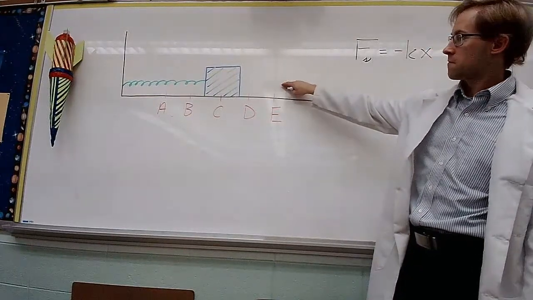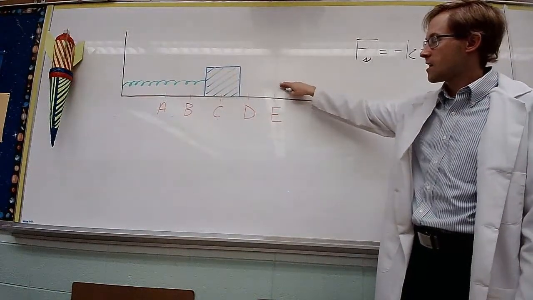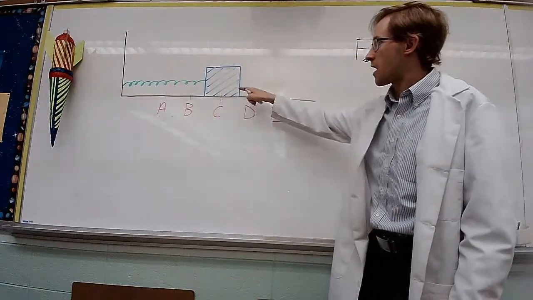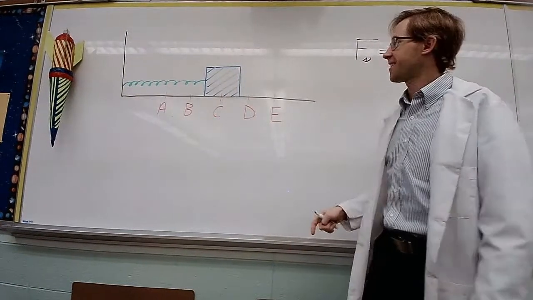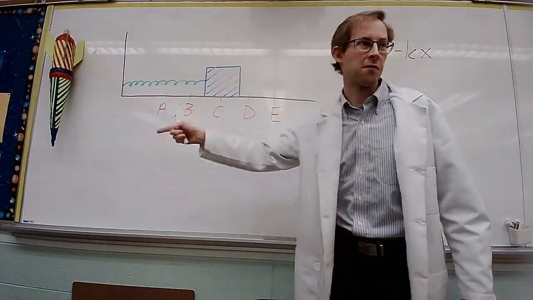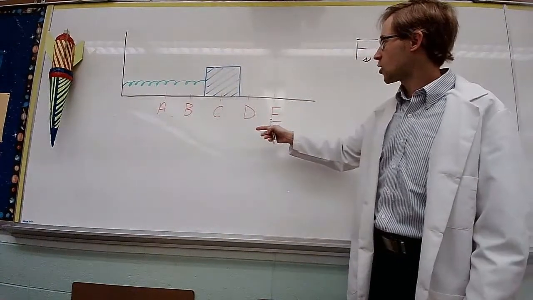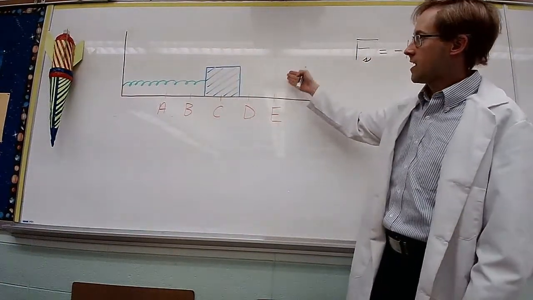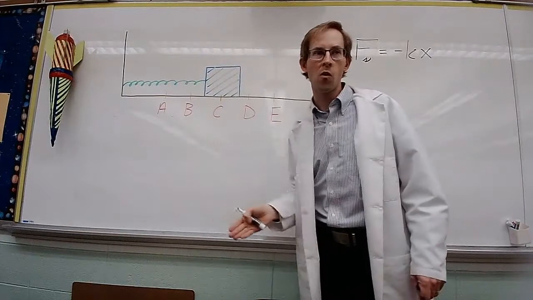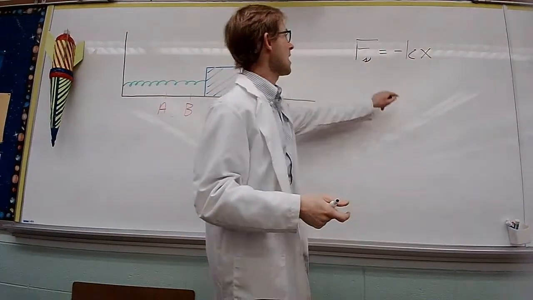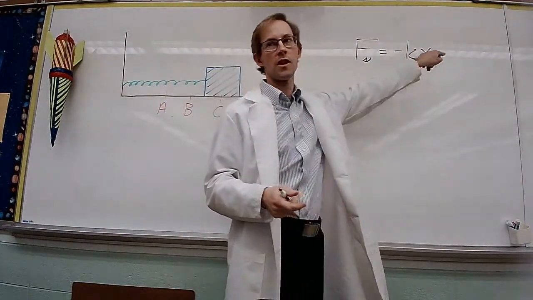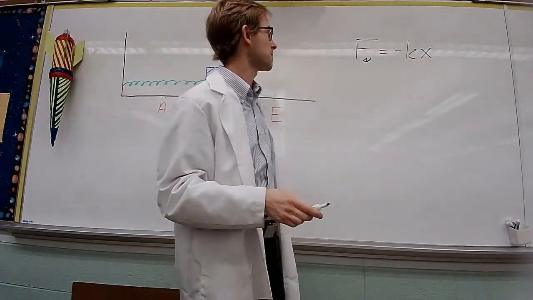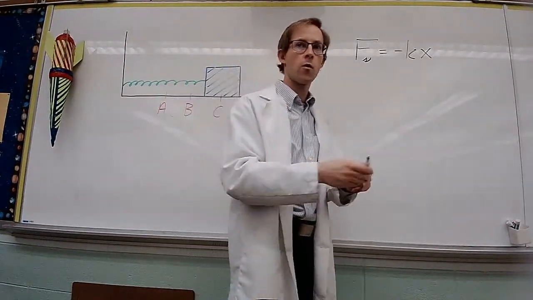Well, if to the right is positive, then what direction is the mass being pulled? It's being pulled to the left in the negative direction. So because the displacement and the direction of the force are always in opposition, our spring force will always be a negative value. So that one's pretty straightforward.